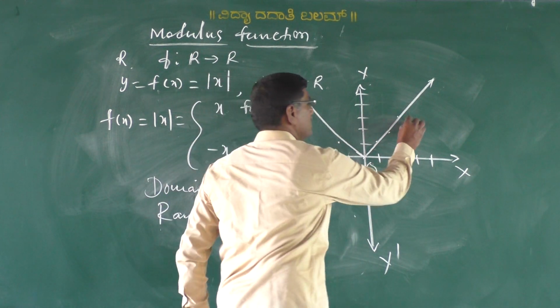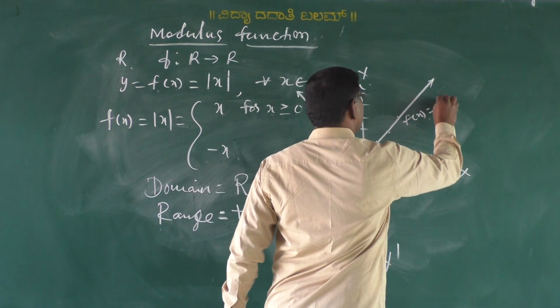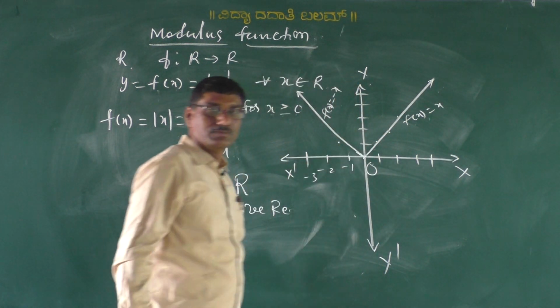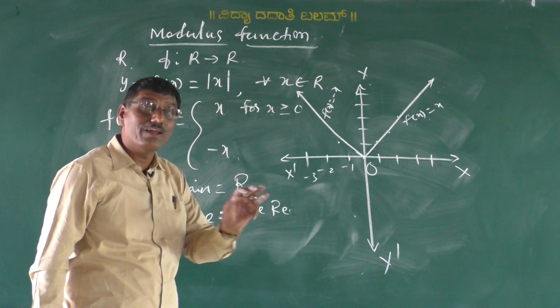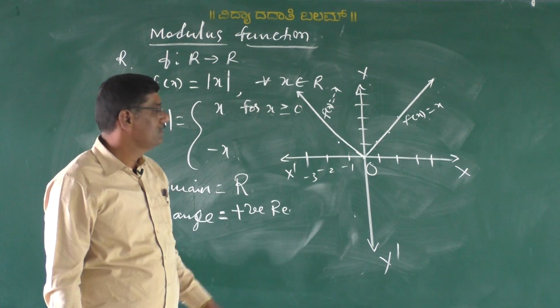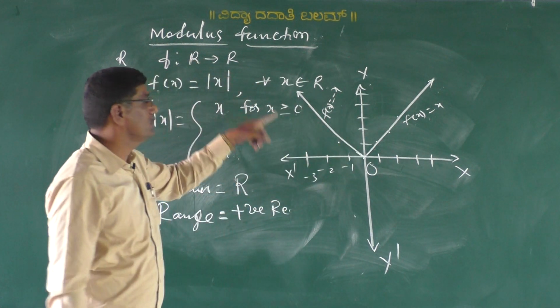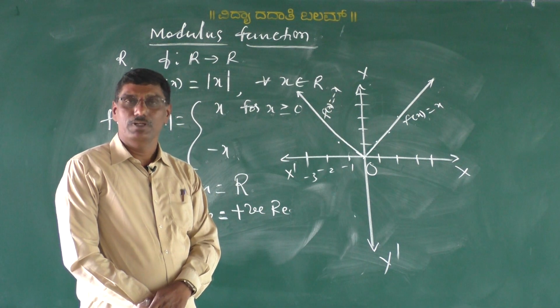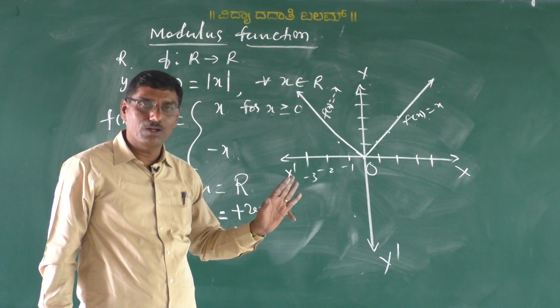This is f of x is equal to x. This is f of x is equal to minus x. By combining these two, we can write mod x. This is the graph of modulus function, that is V-shaped graph. Are you understood, all of you?